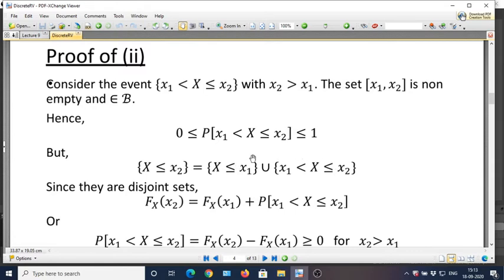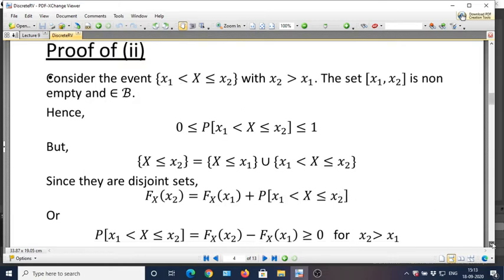These probabilities add up. So once you take the probability measure, the union becomes a plus. This is nothing but Fx of x2 minus Fx of x1, and that is nothing but the probability measure of the random variable taking values between x1 and x2.